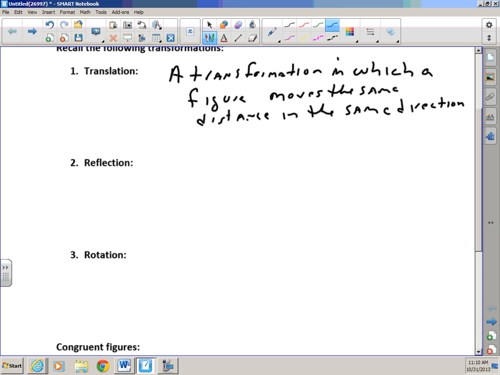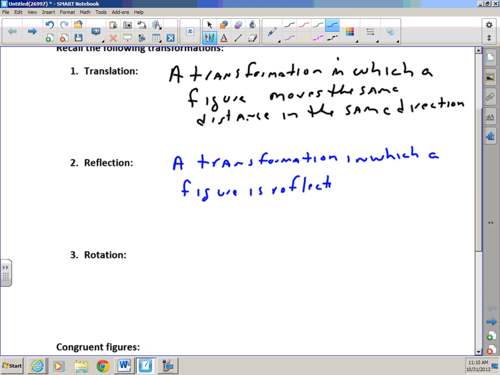A reflection is a transformation in which a figure is reflected or flipped over a line.